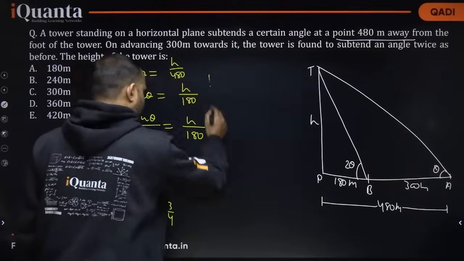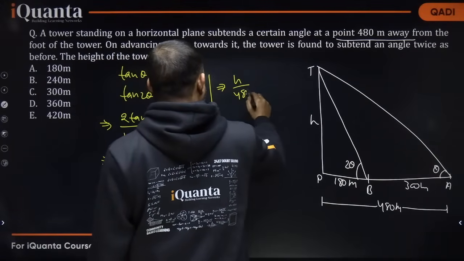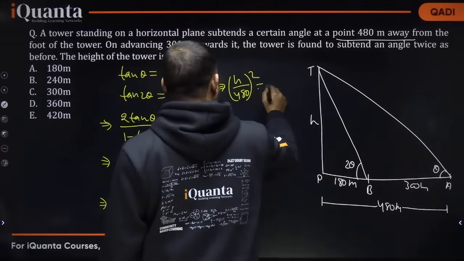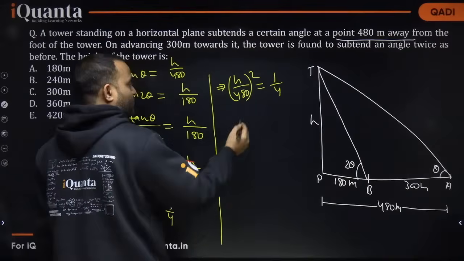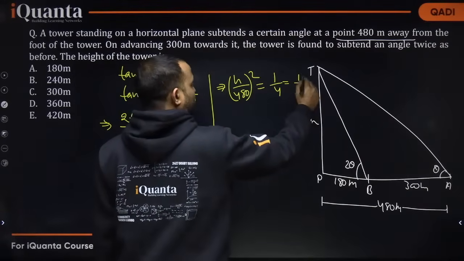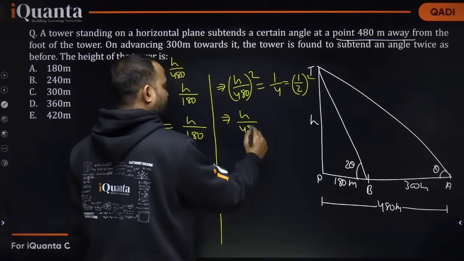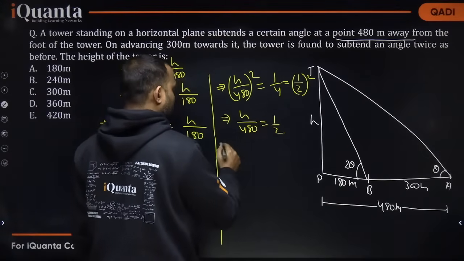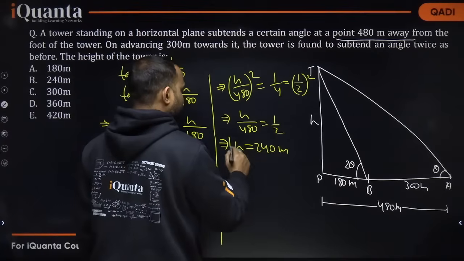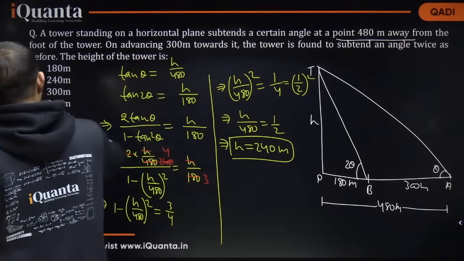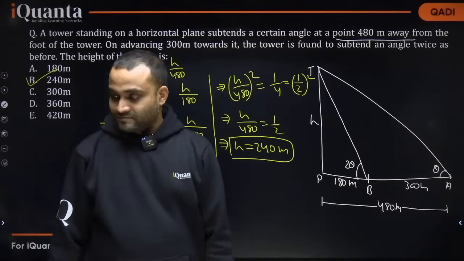So from there we can say that h upon 480 square, we don't need to calculate it, is 1 minus 3 by 4, which is 1 by 4. That is equal to 1 by 2 whole square. From there we can say h by 480 is equal to 1 by 2, or h will be equal to 240 meters, right? So the answer is option B, 240 meters.